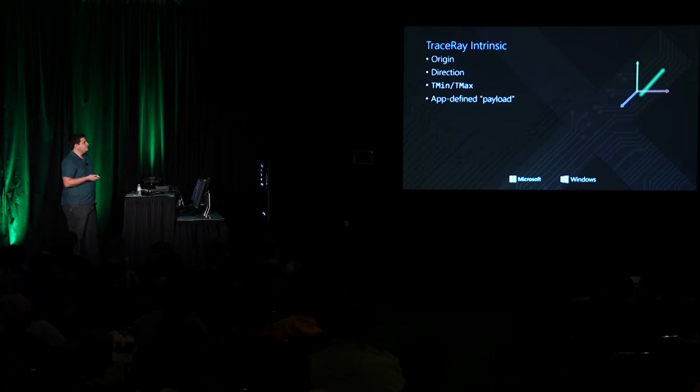So this is the trace ray intrinsic. It has the properties that you would expect, an origin, a direction, as well as a floating point Tmin, Tmax that specifies what range of intersection you'd like to consider in the scene. In addition, it also has this application-defined payload structure. This is a payload that follows the ray as it executes the various shaders in the scene.